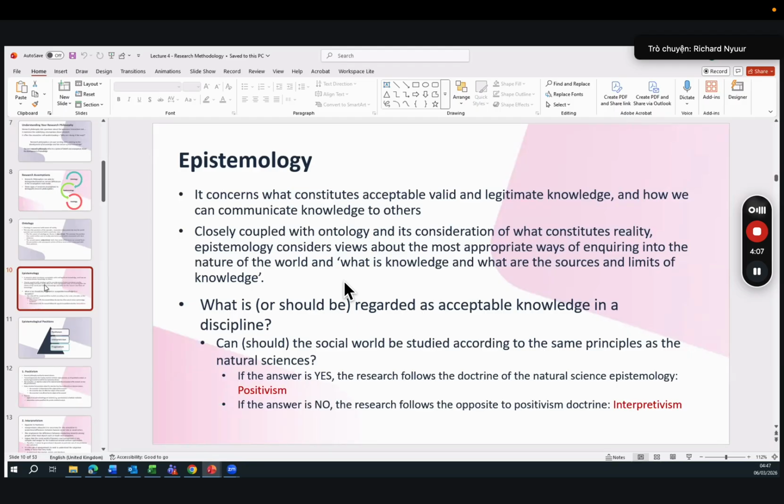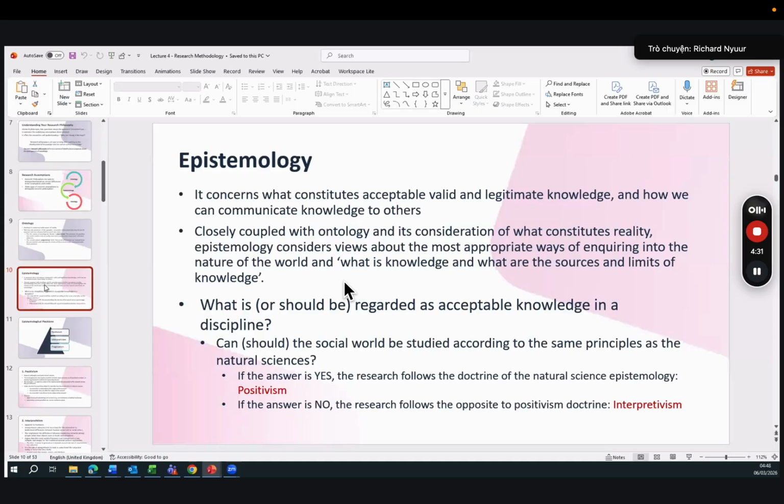So if you look at it, it aligns to some extent with the ontology that I talked about, which sees knowledge in terms of reality as based on objective assessment of a situation which is external to social actors, people.